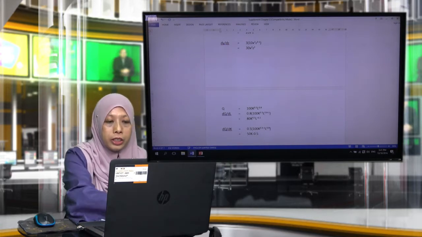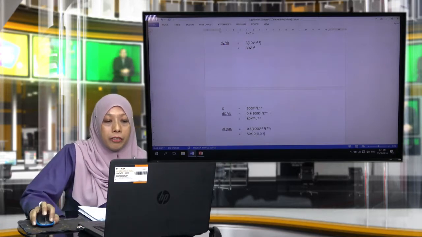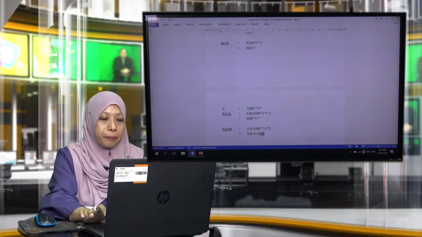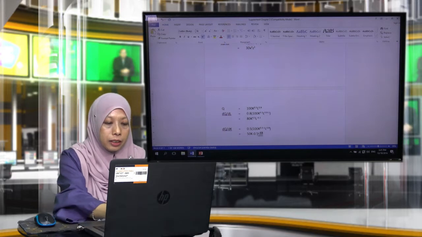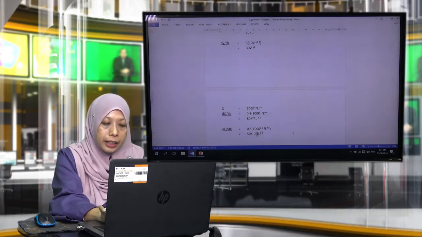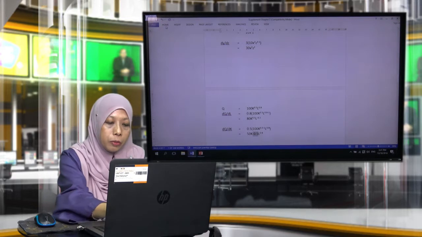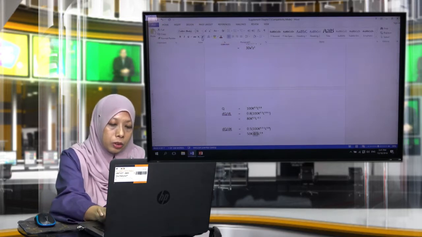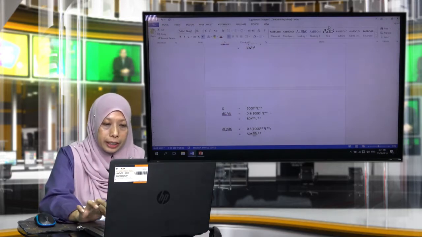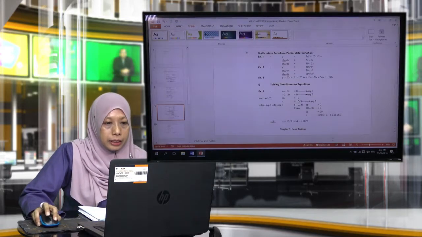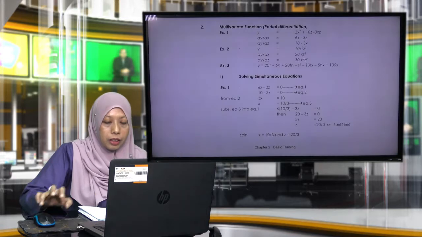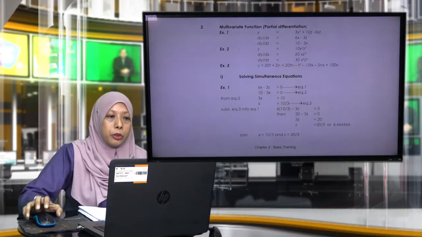Because you are differentiating with respect to k, you have to reduce the exponent for k. If you simplify this, you're going to get 50 k to the power of negative 0.5 and l to the power of 0.8. So these are the partial derivative equations for your Q function.